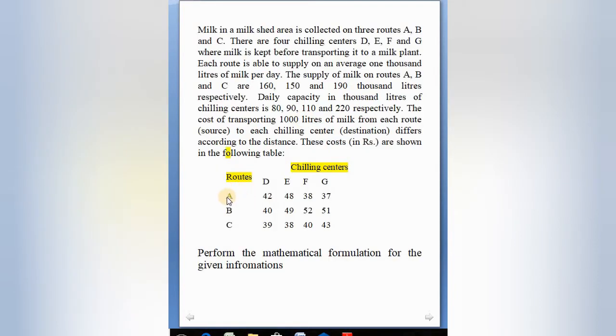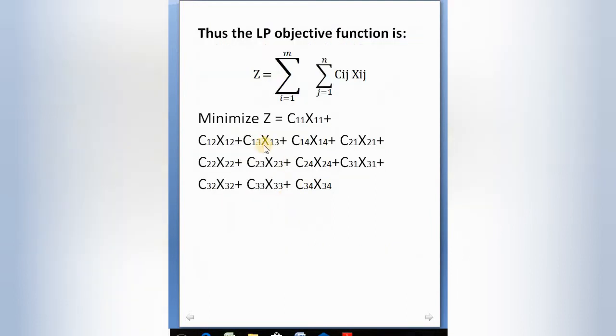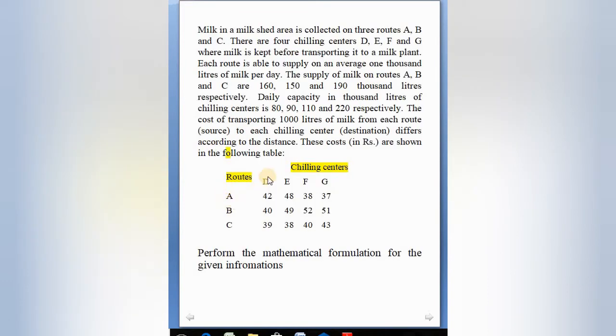So C11 means I can consider this as A1 D1, as well as X11. And if you come to the second term, C12 X12, this means the cost of transporting from the first route to the second destination, E, that is A route to E destination.